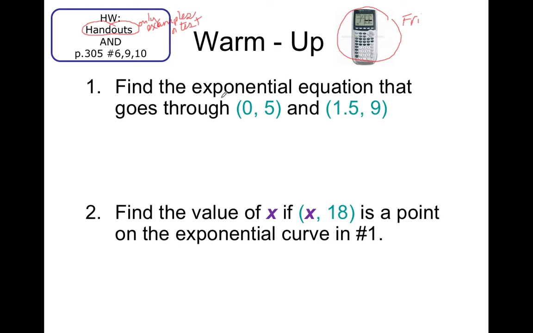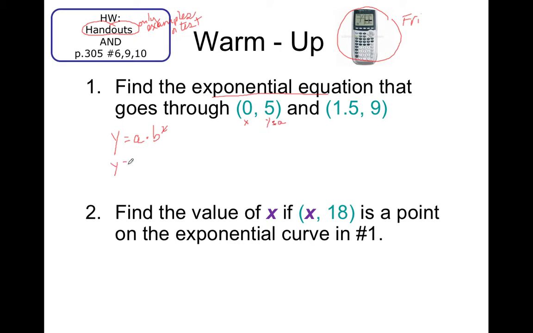So number one, find the exponential equation. As soon as somebody says exponential equation, you write a times b to the x. Remember, when we have a times b to the x, when your x is 0, the y coordinate is 5, but that's also your a.